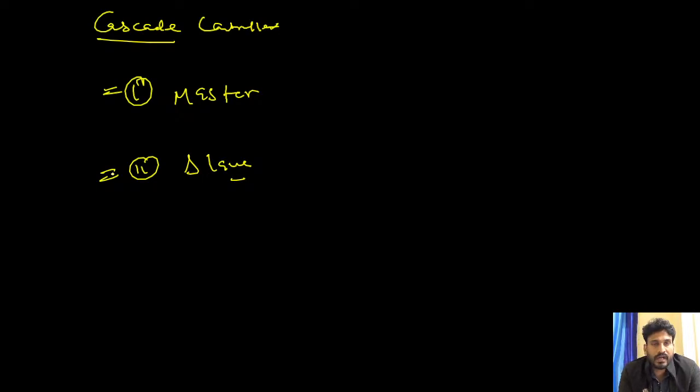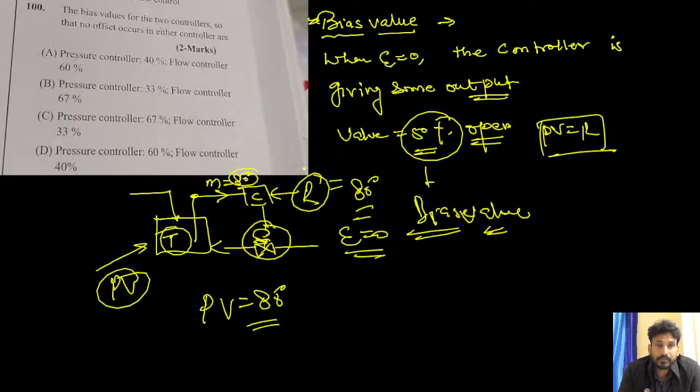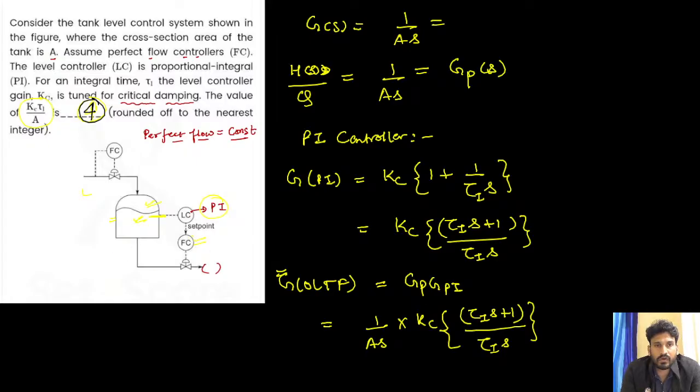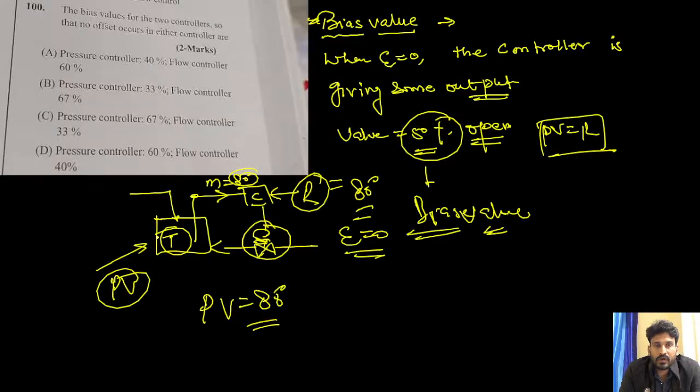So there are two kinds of controller we have, right? There are two control systems we have. One is your flow controller, जैसे कि लास्ट वाले एग्जांपल में ही था, this is my flow controller, right?